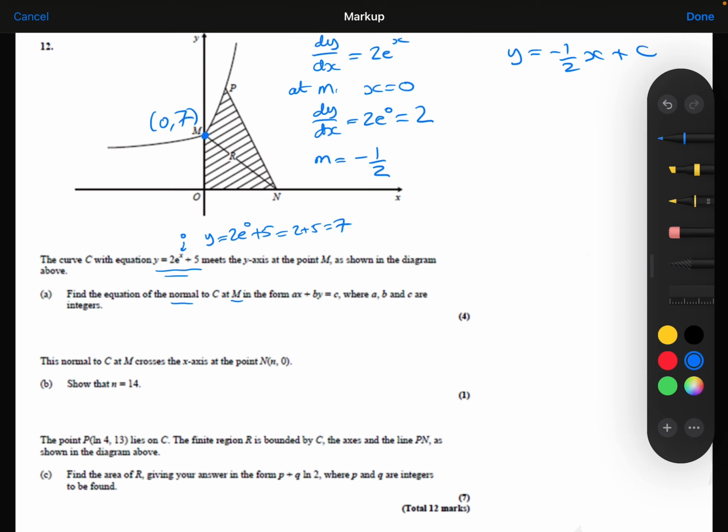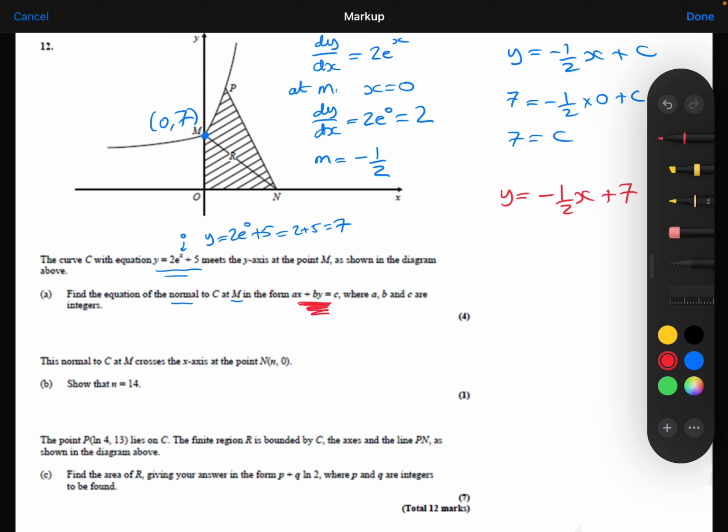So when x equals 0, y equals 7. So substituting that in, I find that c is 7. And therefore, the equation of my normal is y equals minus 1/2 x plus 7.